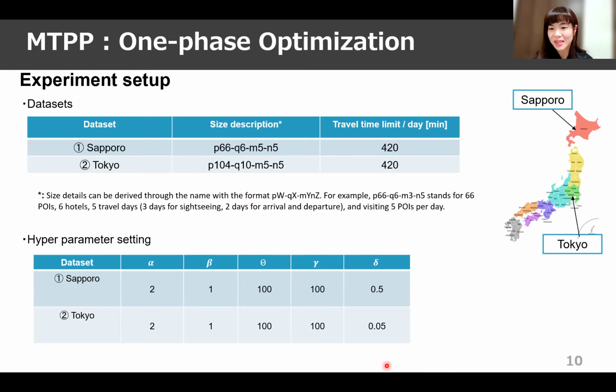So I lowered the weight of traveling times in Tokyo. As you mentioned, the setting of hyperparameters is kind of difficult to control. So what we are doing now is we try 100 sets of combinations of the hyperparameters and we select the best of them. So far it's the only way to control the hyperparameters. I'm sorry for that.